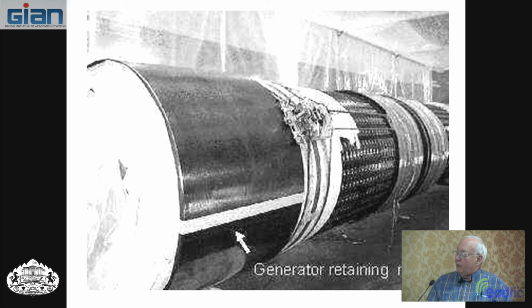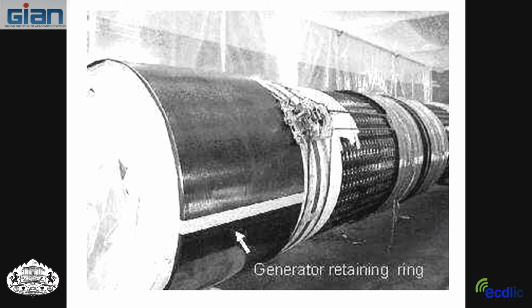This is a generator. One of the big products in Westinghouse, of course, was power generation equipment, turbines, generators, nuclear power plants, marine engines, big marine engines, and stuff like that. So generator was one of the things. As you know, generators work like this.